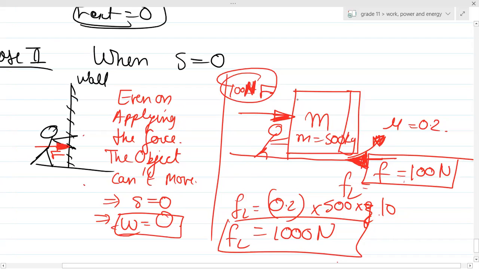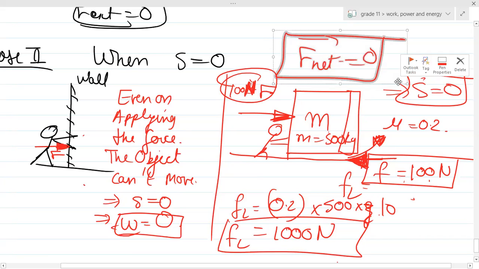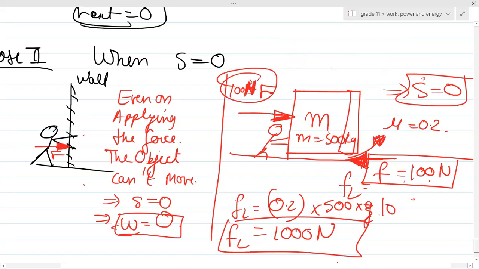So now you can see that two forces are acting on this block and the forces are balanced. Even if there are multiple forces and they are balanced, the object is not displaced, so here also displacement is zero. This part can go in the first case as well.